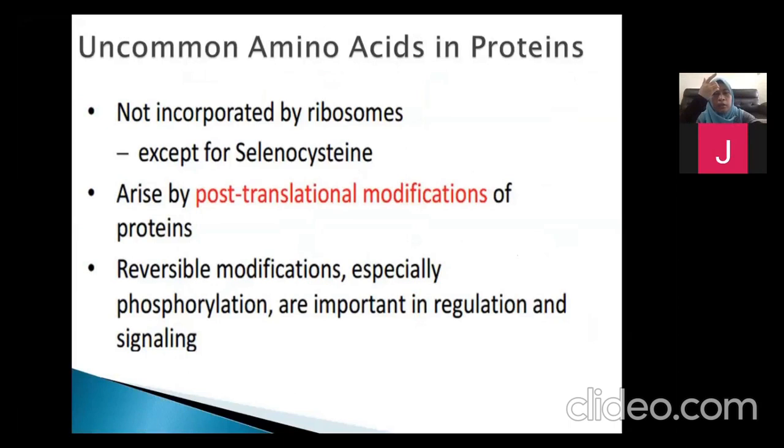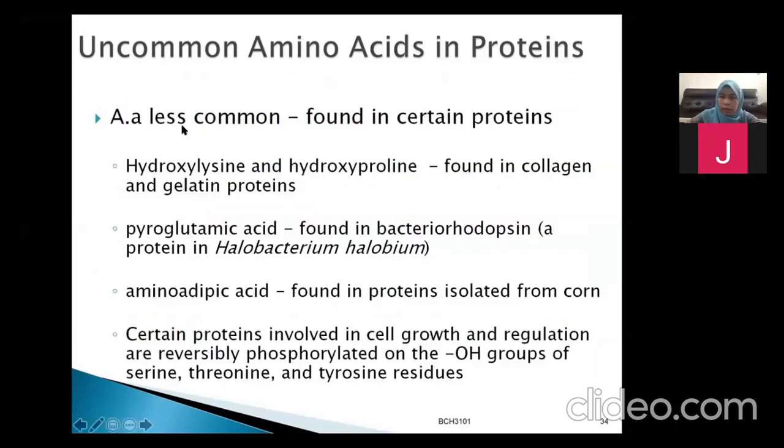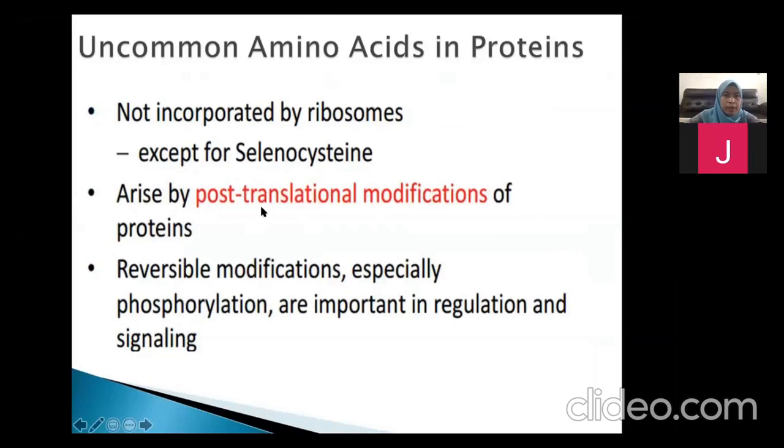We have the 20 common amino acids, but some uncommon amino acids arise by post-translational modification of protein, meaning that once the protein is translated, then the modification happens to the protein, either glycosylation or disulfide bridge formation, or you can even create more ion pairs.